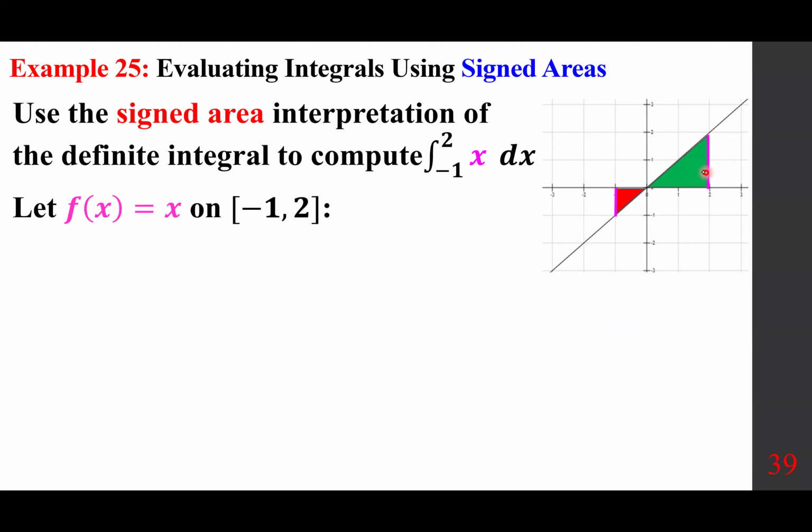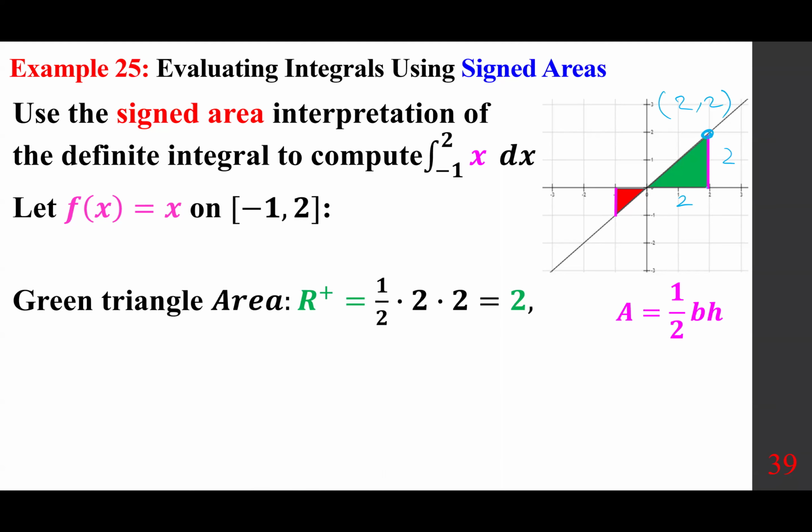And those are easy to calculate because each one is a triangular shape with the area being 1/2 base times the height. We are going to write this point as coordinates 2, 2. So this distance is 2, so is this distance. So that would be 1/2 times 2 times 2, which is 1/2 base times the height.